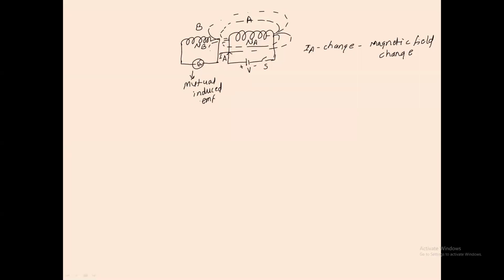Now when mutual induced EMF is produced, is self-induced EMF also produced here? Is it produced or not? Yes, sir. It is there because this change in magnetic field is also linked with the coil itself, so the EMF induced in a coil itself is called self-induced EMF, and the EMF induced in coil B we call mutual induced EMF.